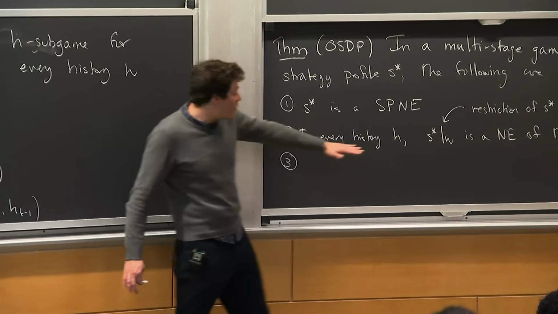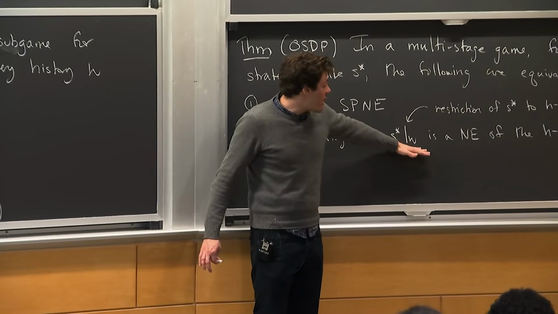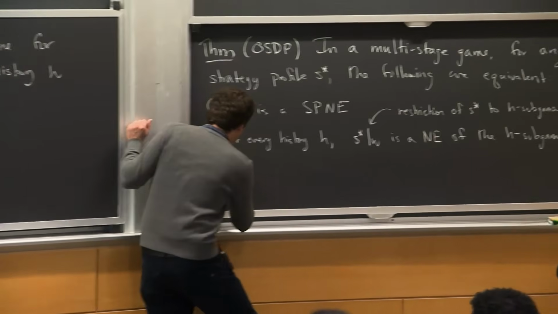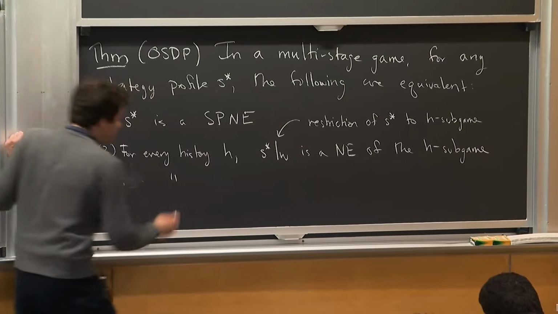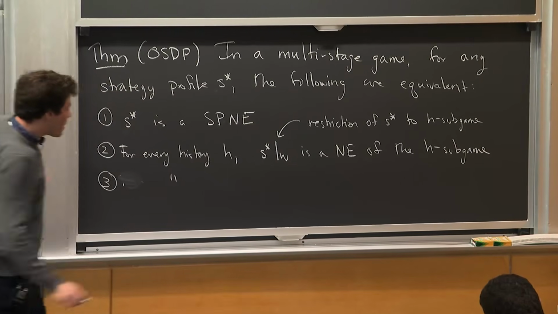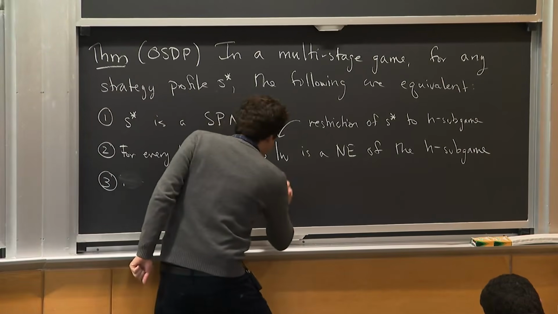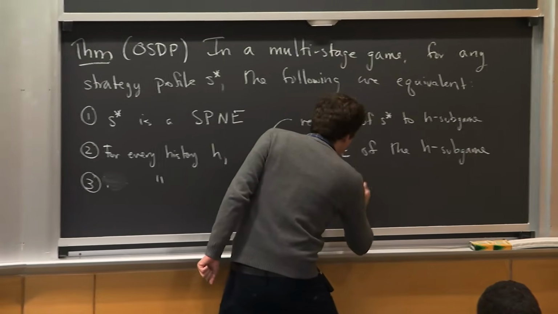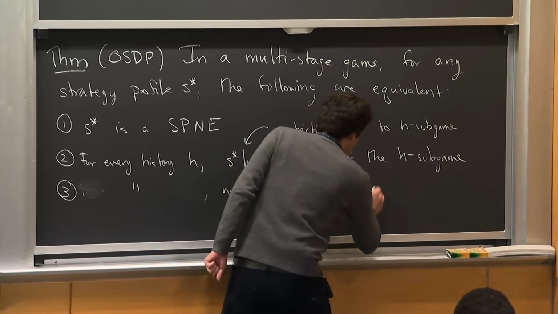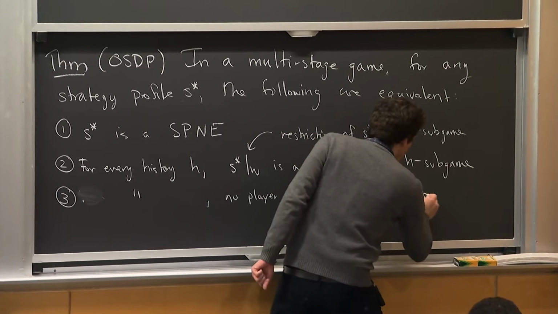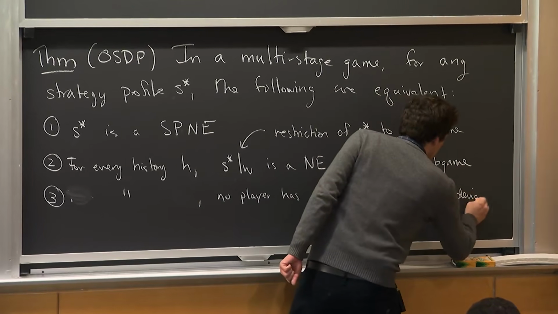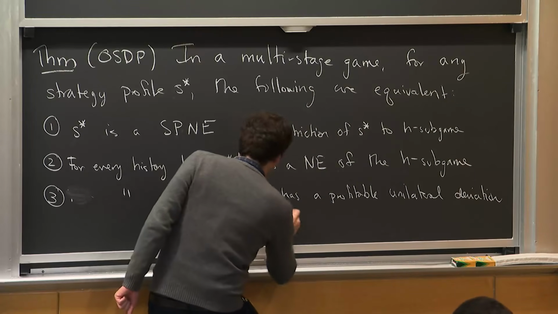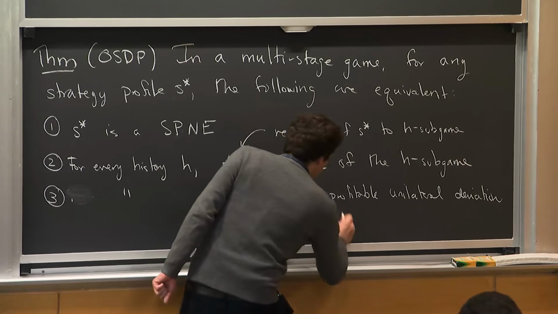We're just going to break down what it means for S star H to be a Nash equilibrium of the H subgame. So this means that for every history H, no player has a profitable unilateral deviation from S star H in the H subgame.